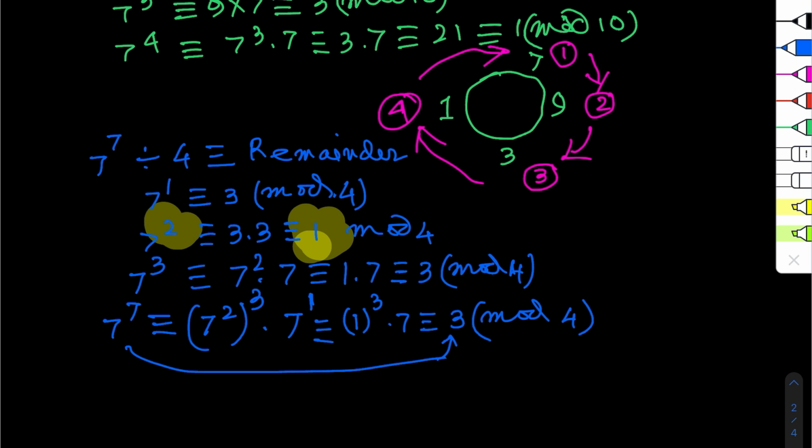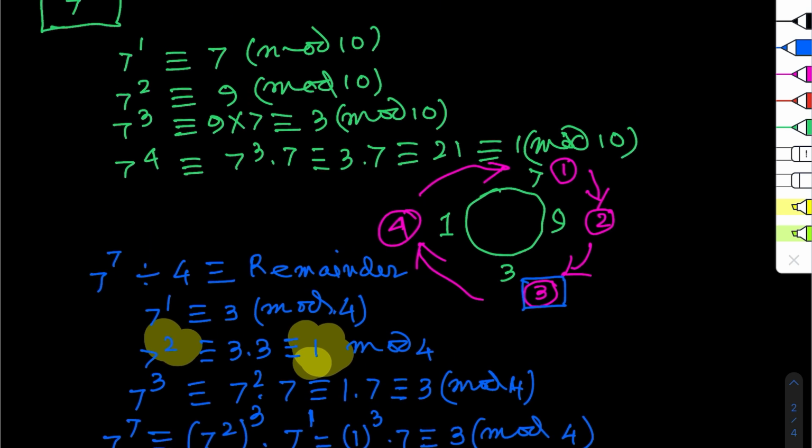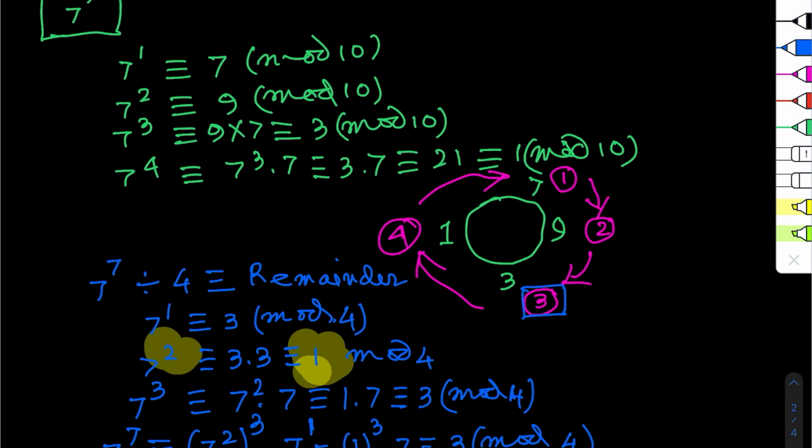So if 7 to the power 7 takes the position 3, then for position 3, that means 7 to the power 3, we know it gives the remainder 3 for modulo 10.